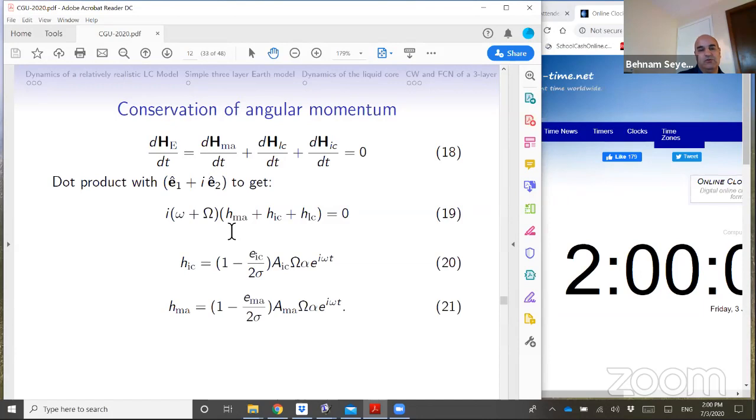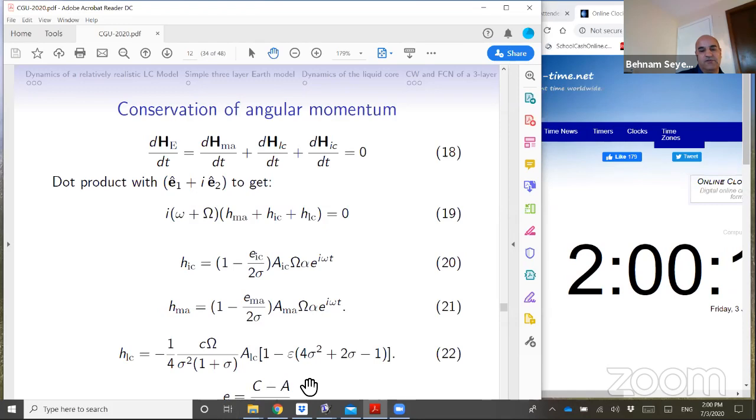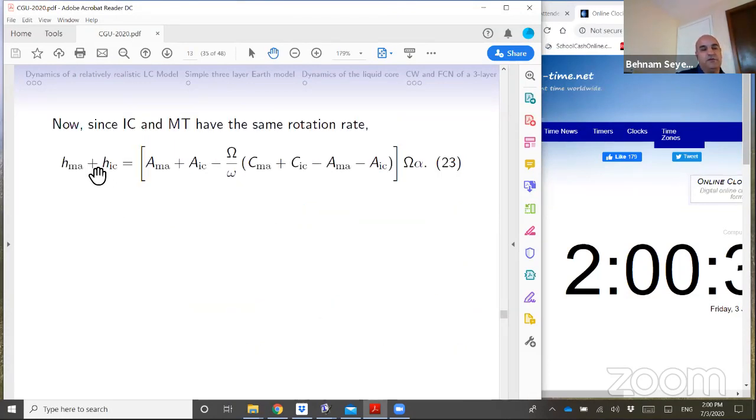I'm not going to go into detail. These are the changes in the angular momentum here, and in the liquid core we have this. You can see that E is defined as the moment of inertia about a polar axis minus the moment of inertia about an equatorial axis, divided by A. That's the dynamical ellipticity. Because mantle and inner core actually rotate at the same rate, we can put these two together.